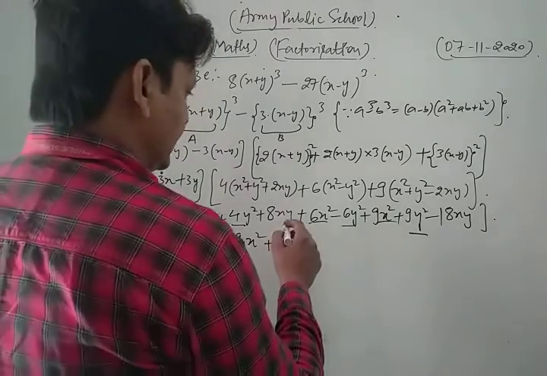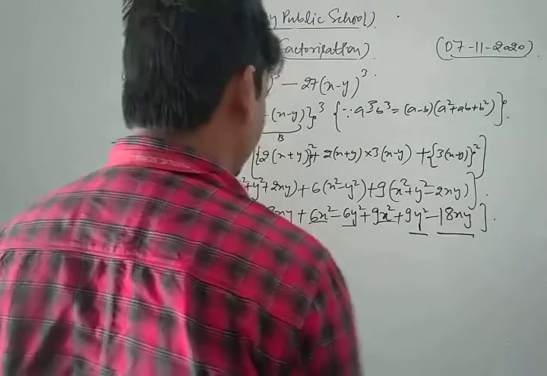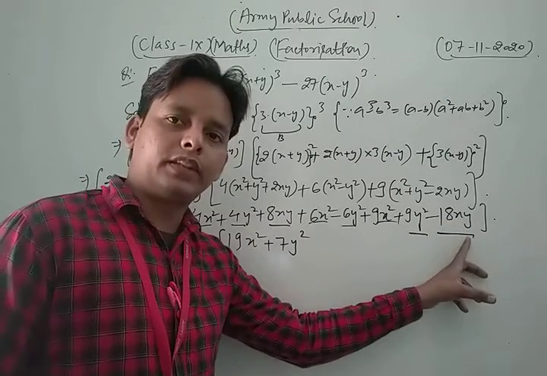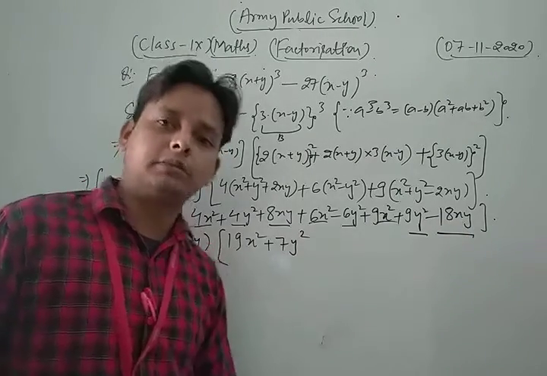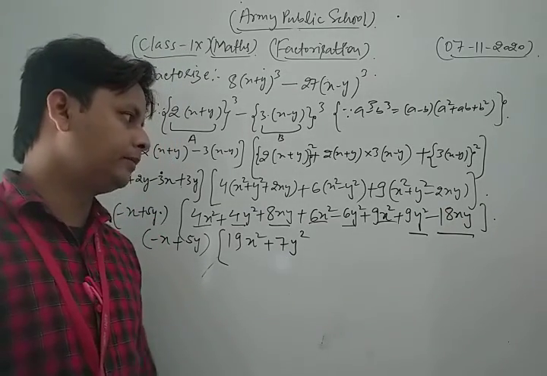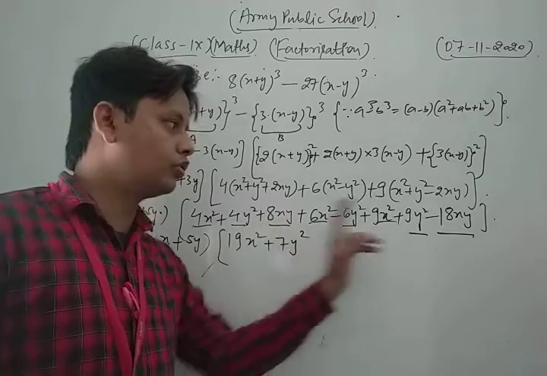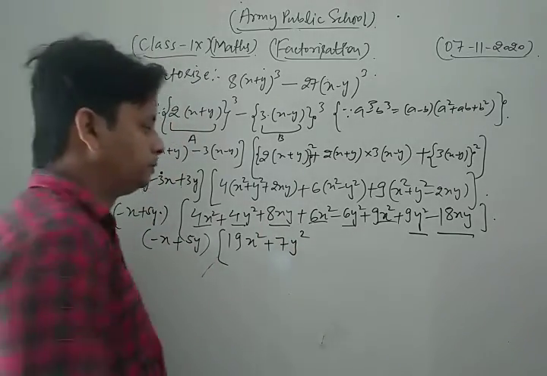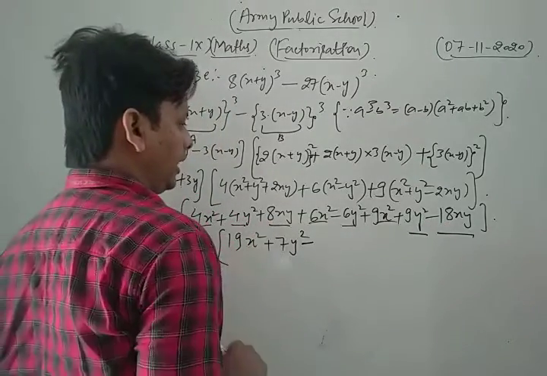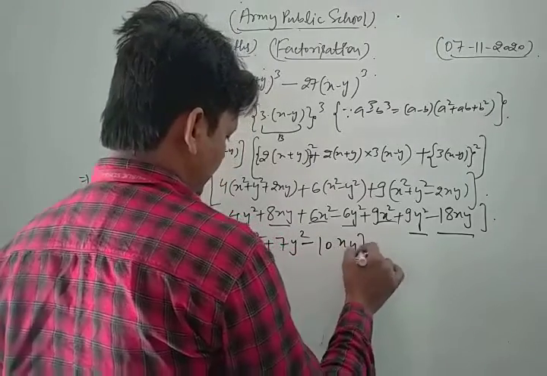Now look, this is plus 8xy and this is minus 18xy. Dear student, these are also like terms because they contain the same algebraic factor xy, so they simplify each other. Plus 8 minus 18 gives minus 10xy.